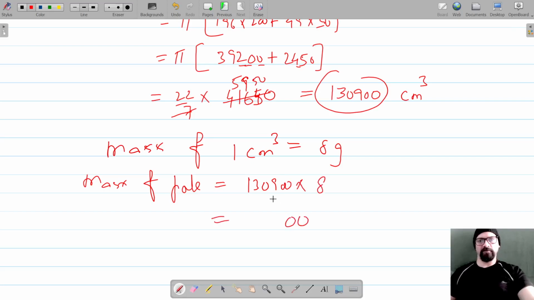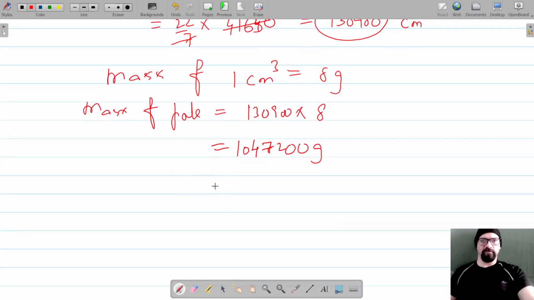And if I convert this to kg, that should be 1047.2 kg. So this is the mass of the pole, 1047.2 kg.